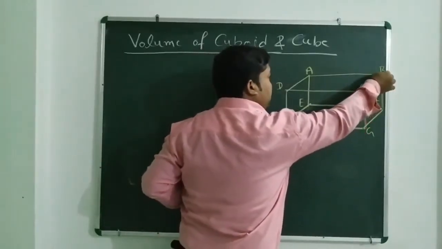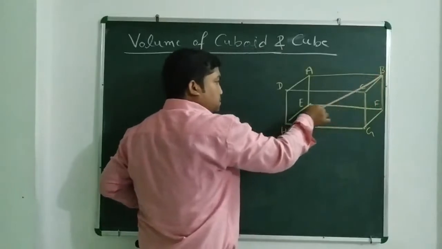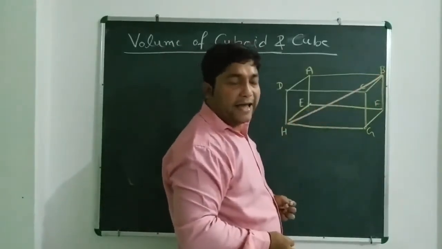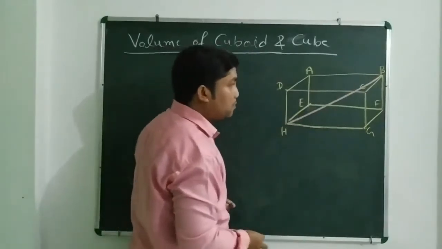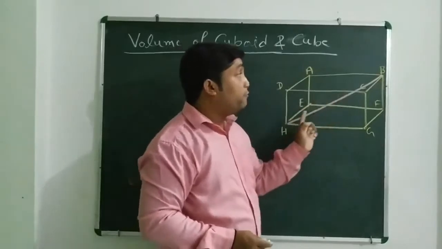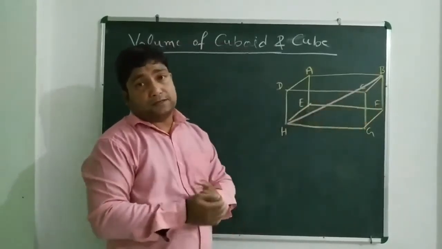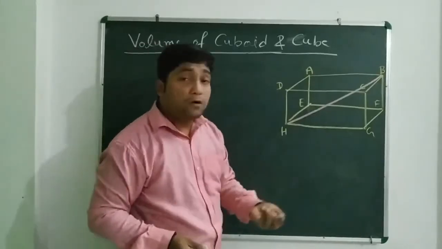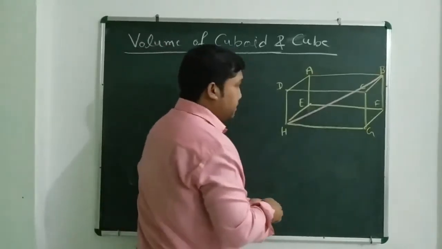When we join B to H, BH is the diagonal. So we have to find the diagonal BH.